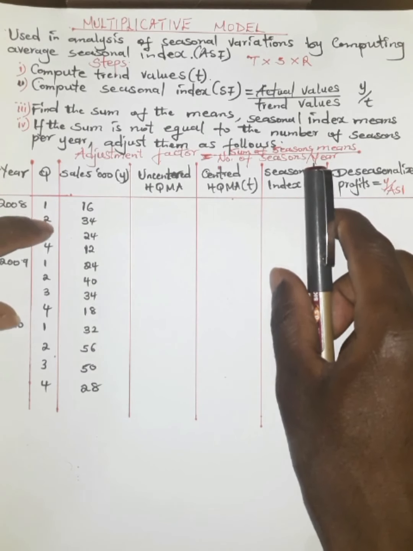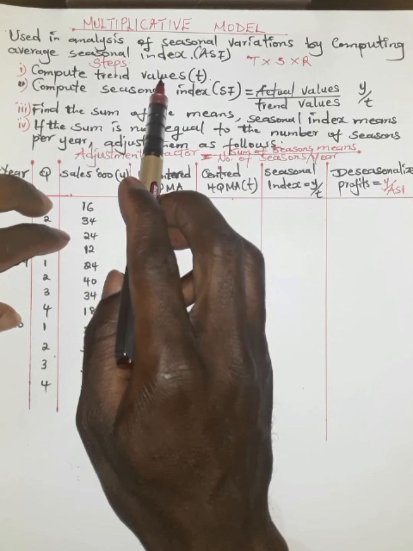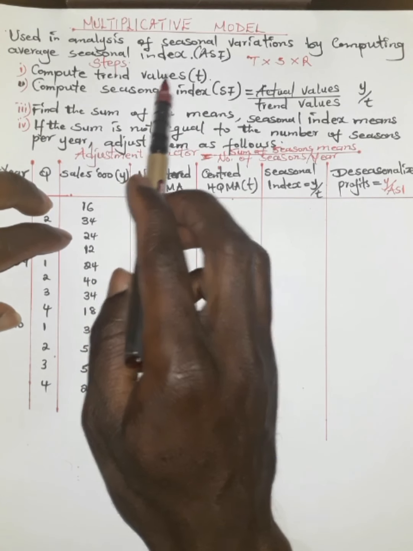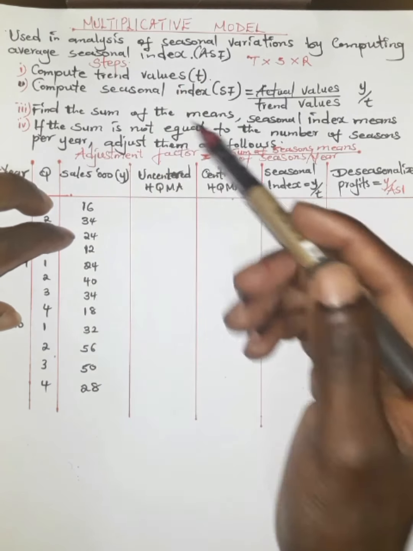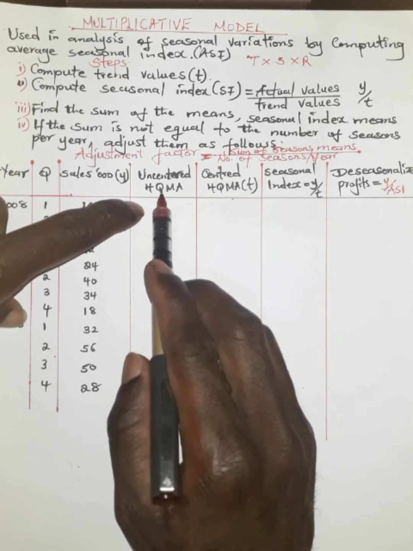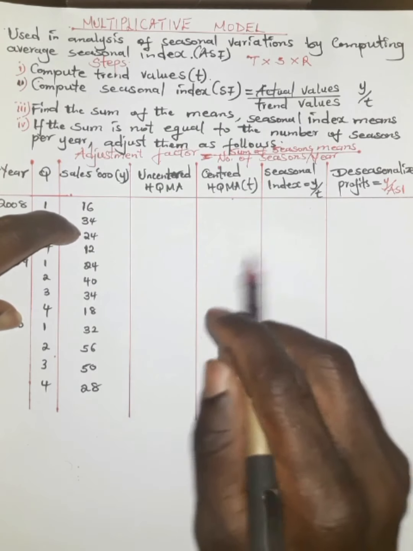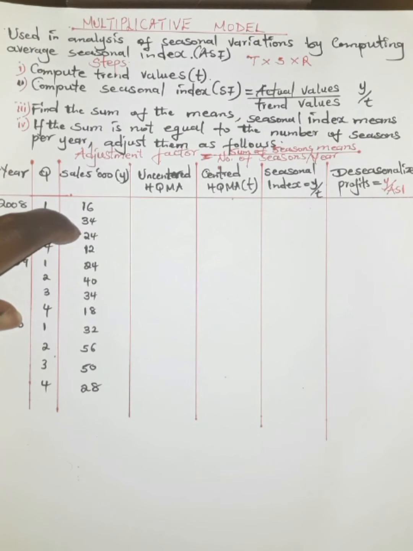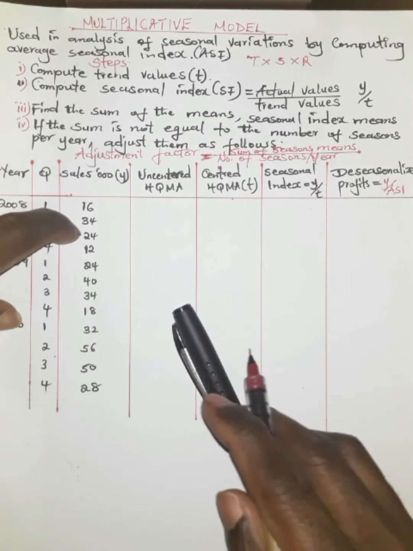Before that, we shall look at computing the trend values, which is the first step in our question. To compute the trend value, we shall first compute the uncentered 4-quarter moving average. After that, we shall compute the centered quarter moving average.